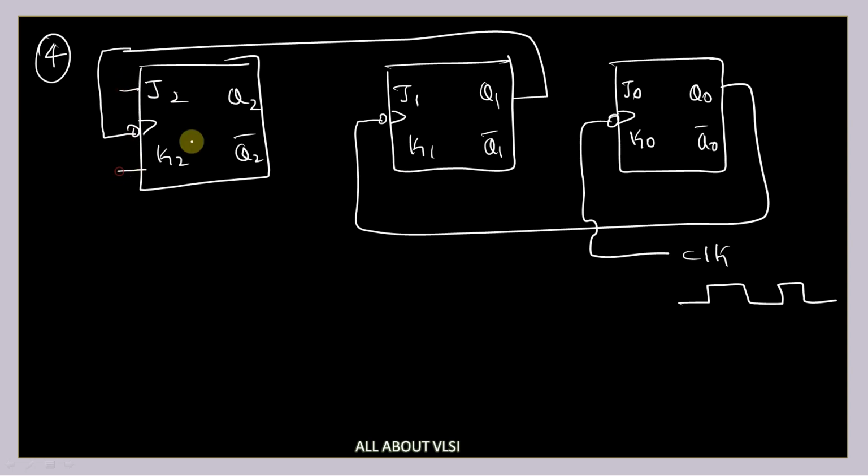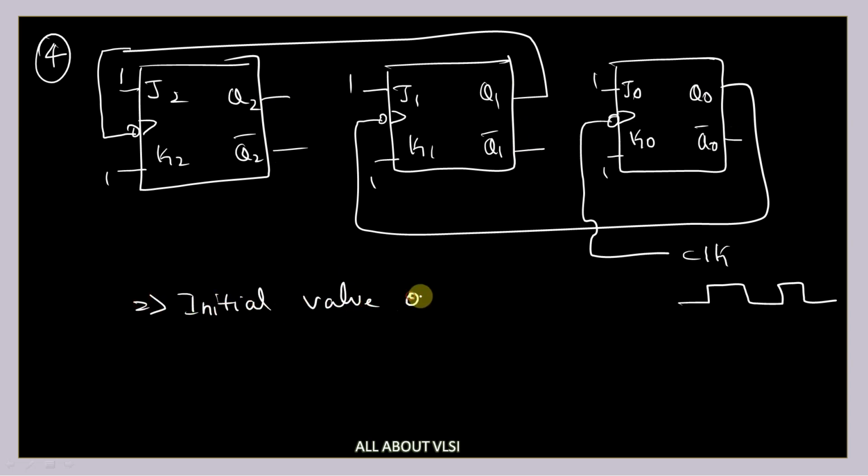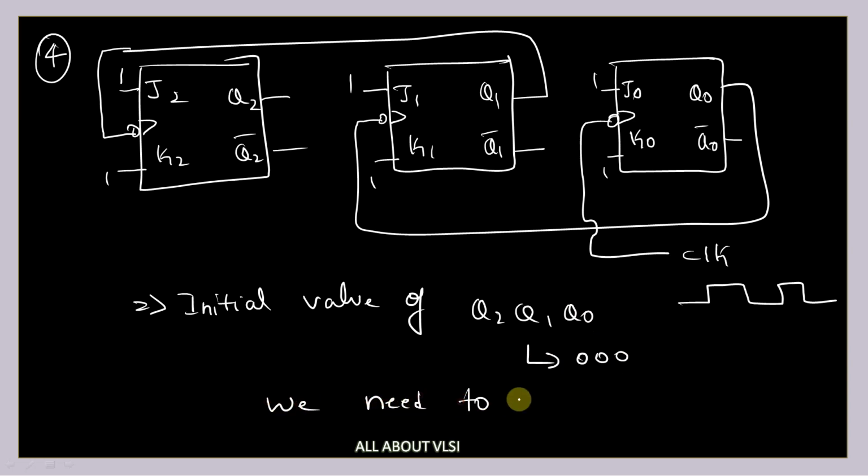This is our J2, K2, J1, K1 and J0. The initial value of Q2, Q1, Q0 is equal to 0, 0, 0. We need to find out the value at the 13th clock pulse.